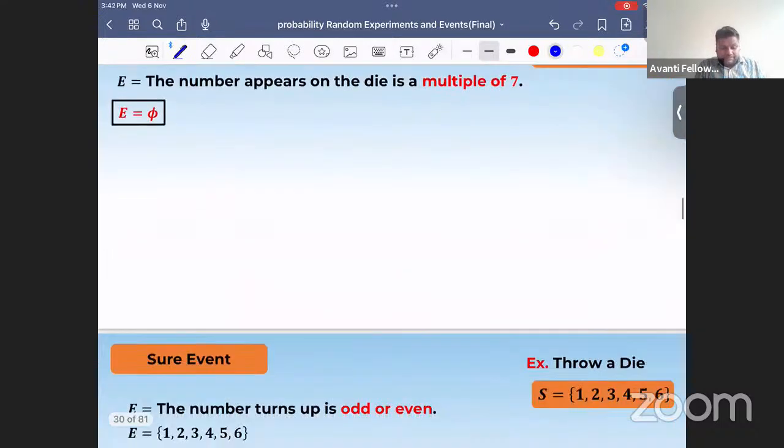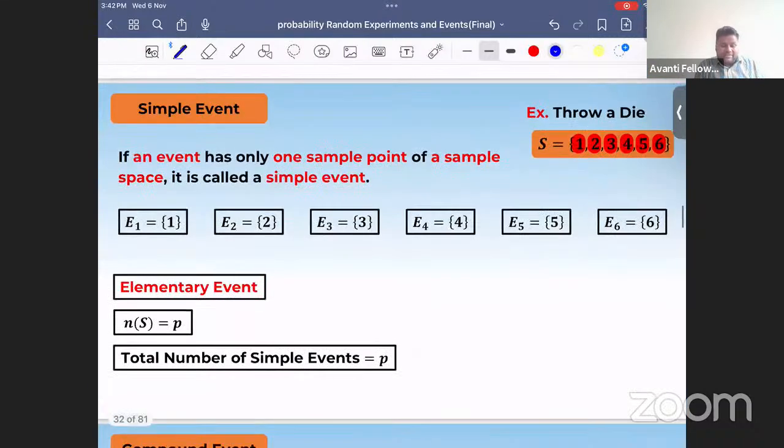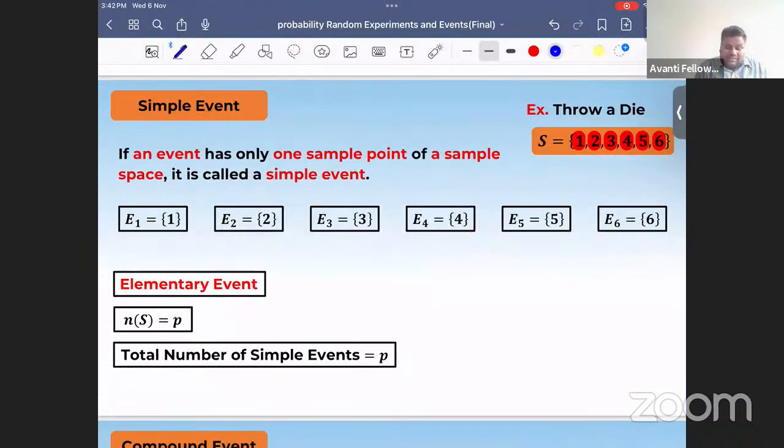Now there come simple events. If an event has only one sample point of the sample space, it is called a simple event. Got it? Like while throwing a dice, we can say that it is made up of 6 sample events: E1, E2, E3 getting 3, E4 getting 4, E5 getting 5, E6 getting 6.